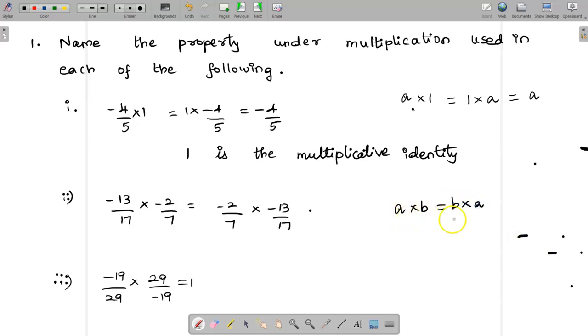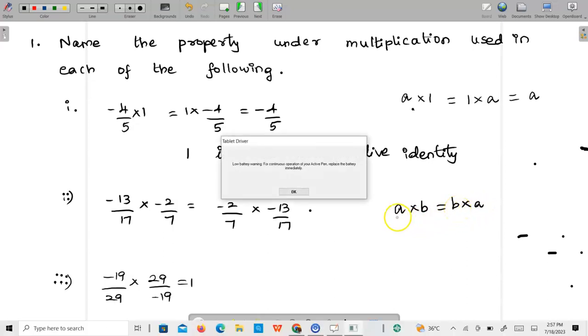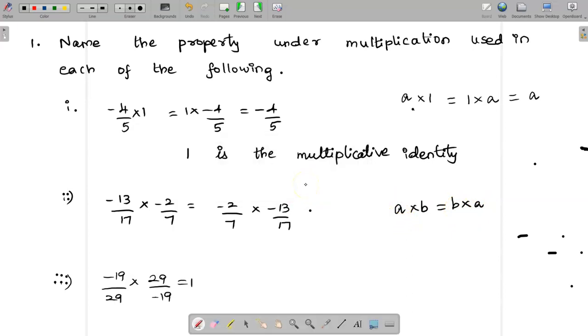We are just changing the order of the numbers, and when we change the order, it does not change the result. So the result will be the same. Here the commutative property is used, so we write commutativity.